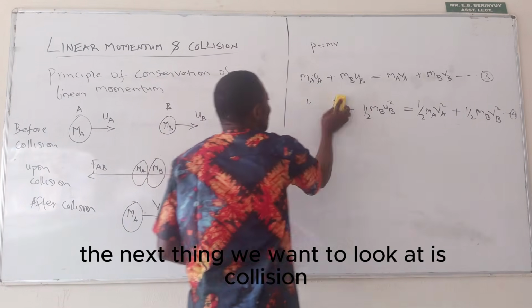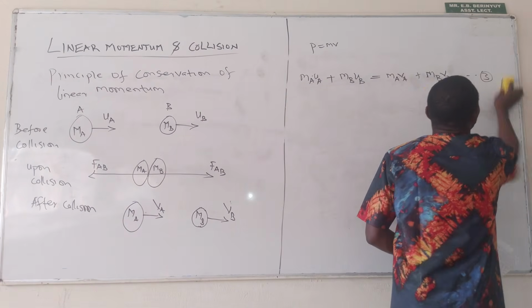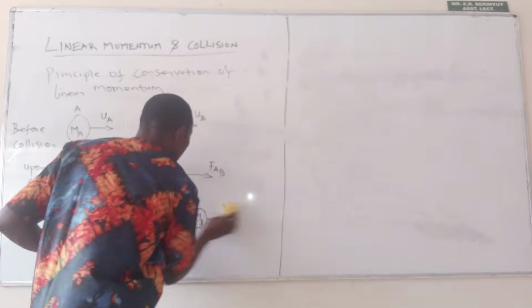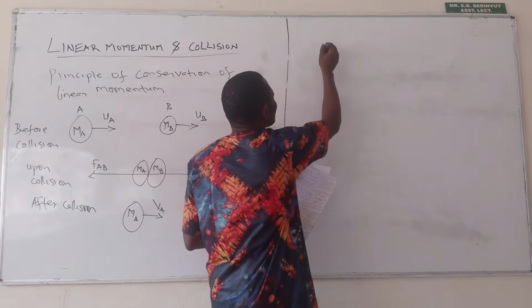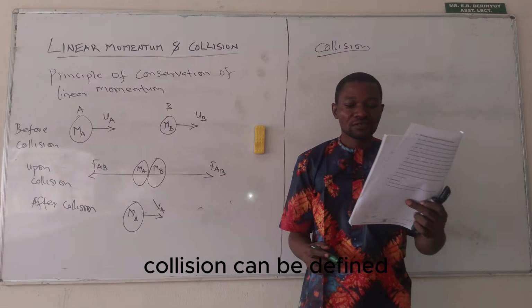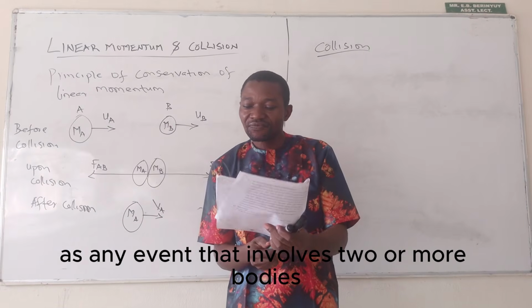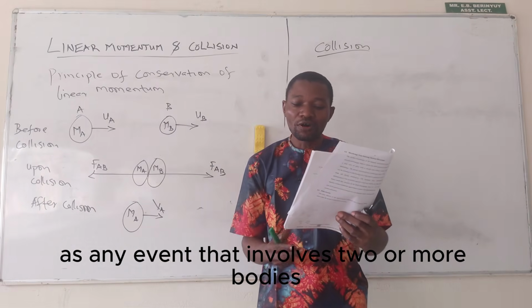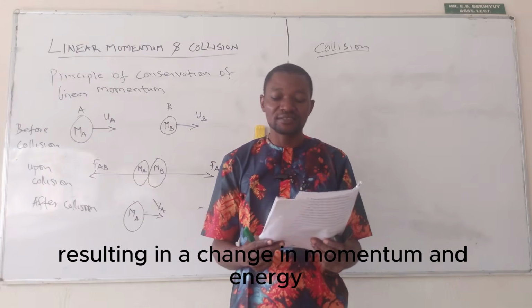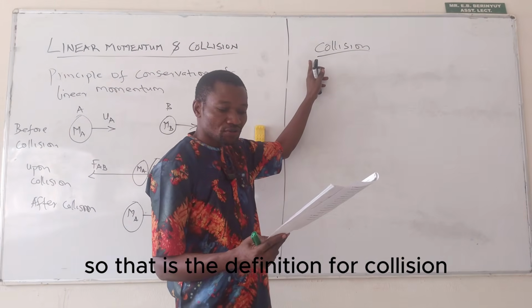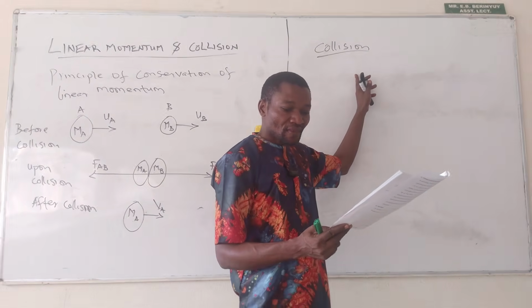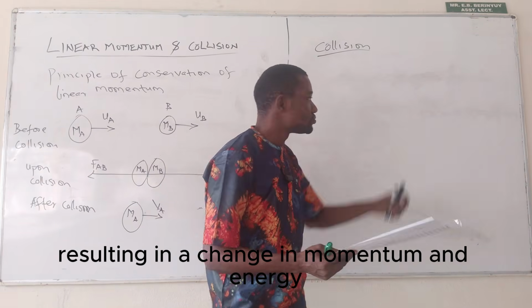Okay, the next thing we want to look at is collision. What is collision? Collision can be defined as any event that involves two or more bodies coming together, resulting in a change in momentum and energy.